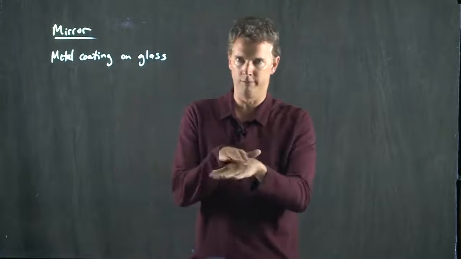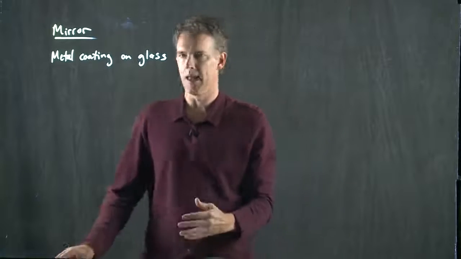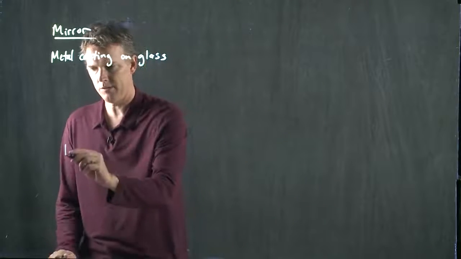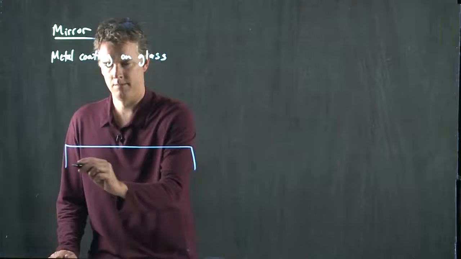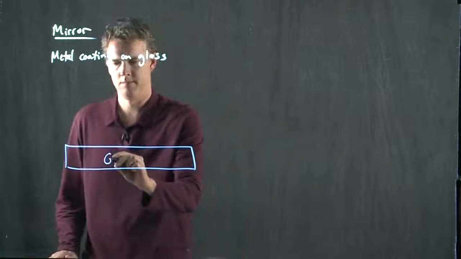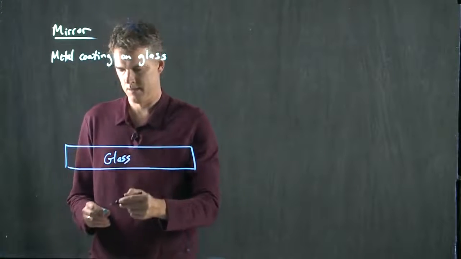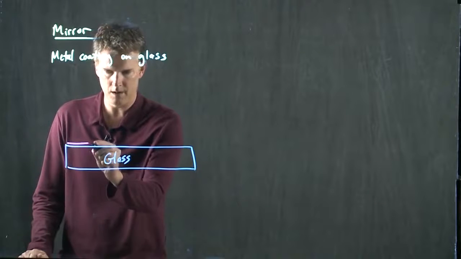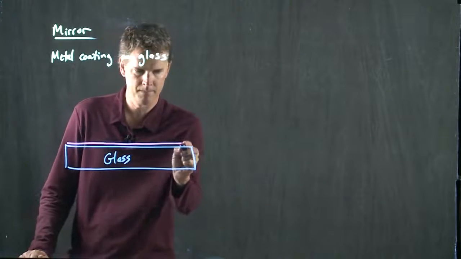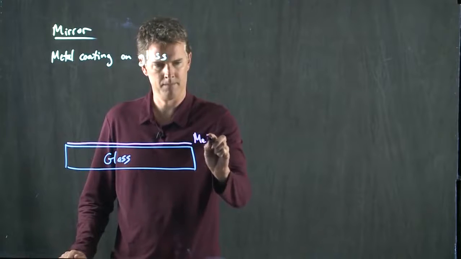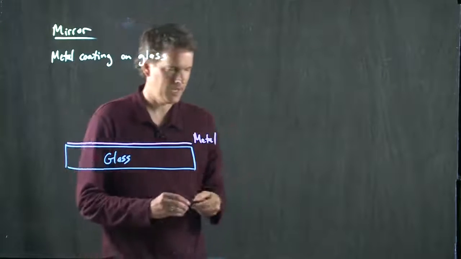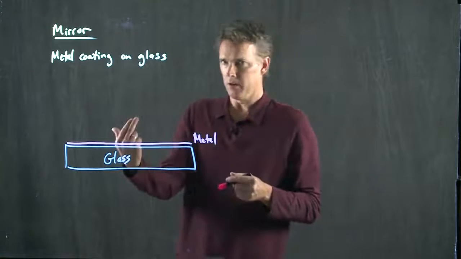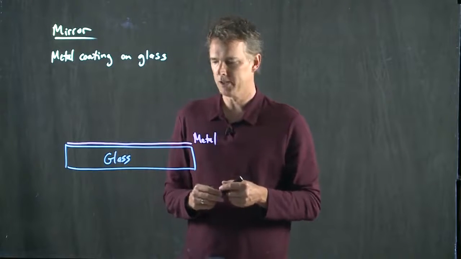You can put gold foil down onto a glass substrate. And so it looks like this. Here is our glass. And then right on top, there is a very thin coat of metal. Okay, and it doesn't have to be very thick at all. The metal is what does the reflection.